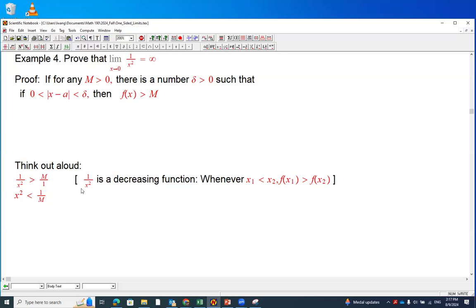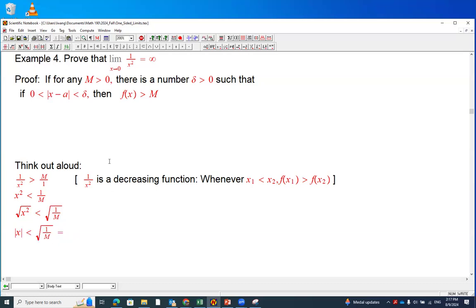Okay, so now if we take absolute value on both sides, because it's in the neighborhood of 0, the left-hand side is going to be the absolute value of X, and that's going to be less than that.